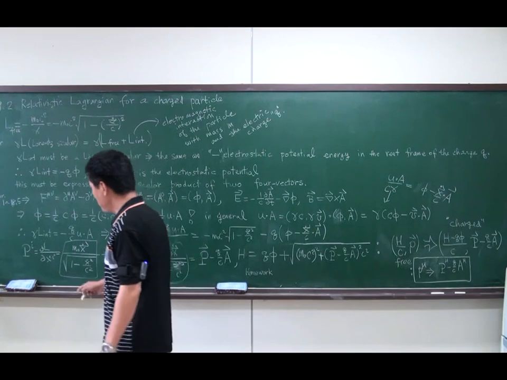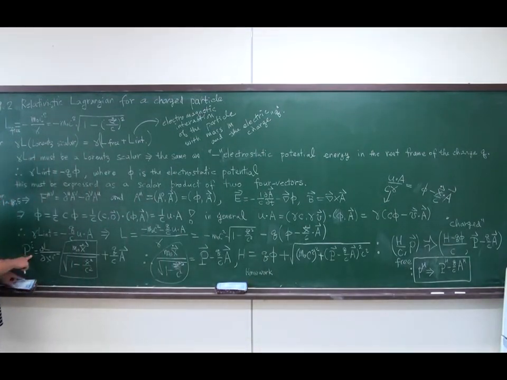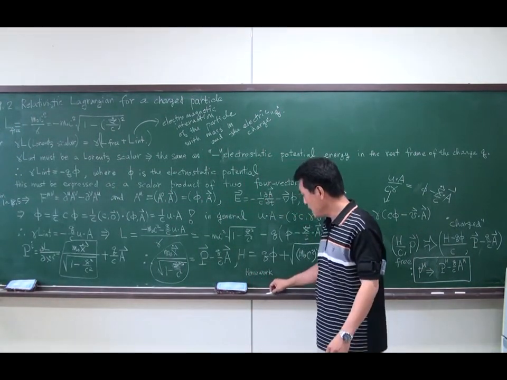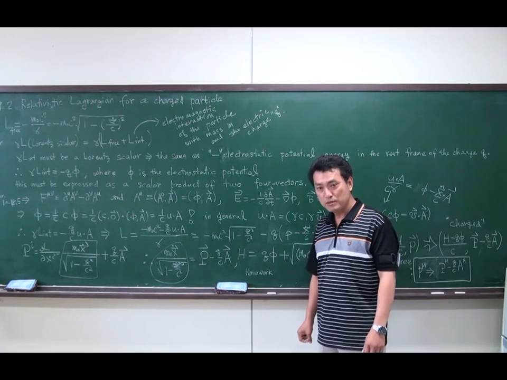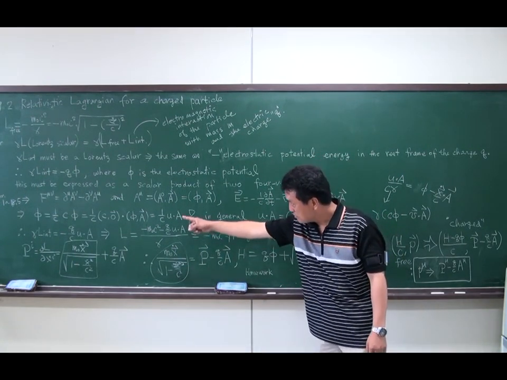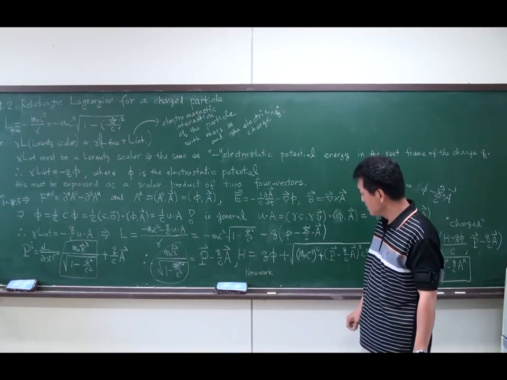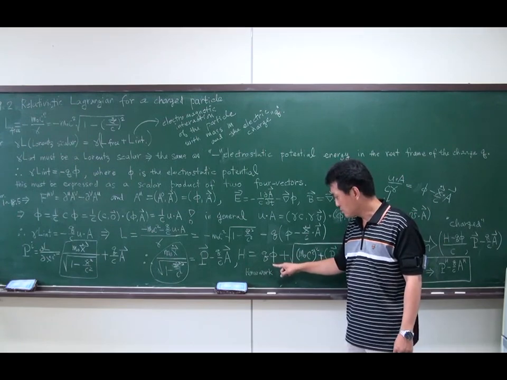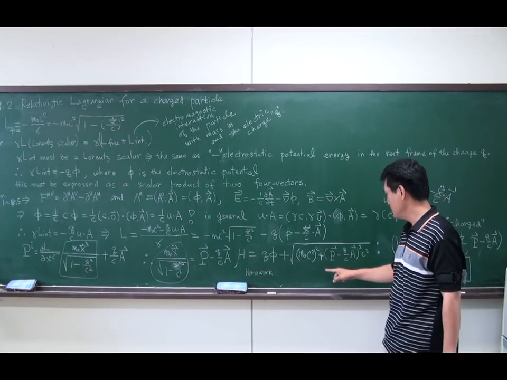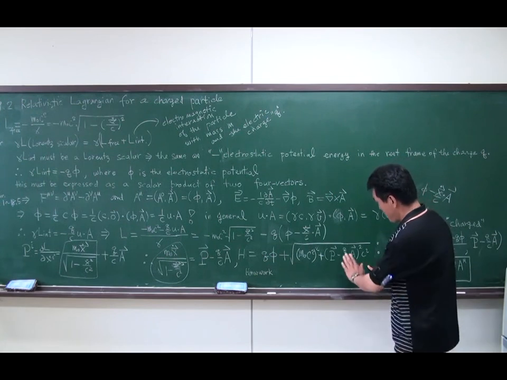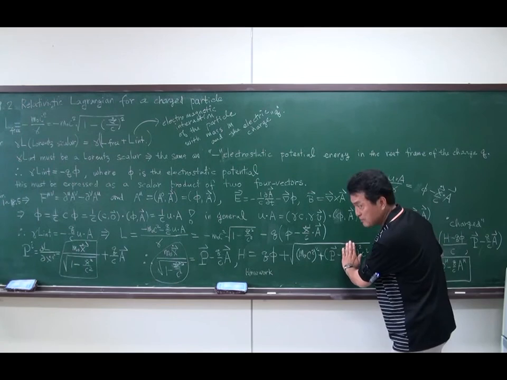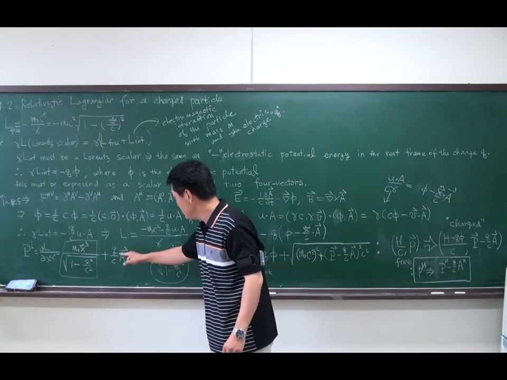Because P is a 4 vector, and this is the spatial component of the 4 vector, I'd like to see what happens to the zeroth component. The zeroth component is related to the Hamiltonian, and this is homework. If you compute the Hamiltonian of the system by making use of its Lagrangian and conjugate momentum, the final result is that the Hamiltonian is a sum of the electrostatic potential energy plus the free particle Hamiltonian, in which we have made use of this replacement.